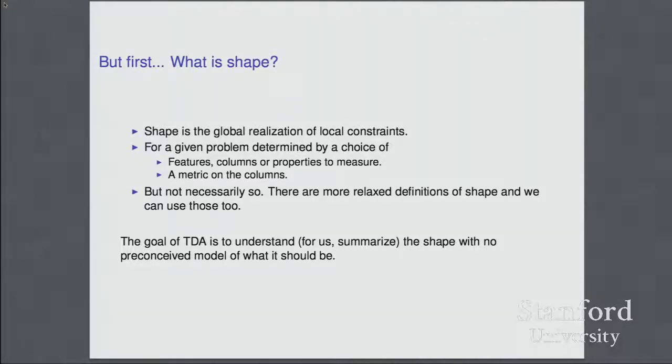And part of that that's really important for TDA, which I think distinguishes it from a lot of other techniques, is that we have no preconceived notions of what the shape should be. So we're not doing any kind of manifold fitting or linear fitting or anything like that. We really try to eschew preconceived notions of what our data looks like.